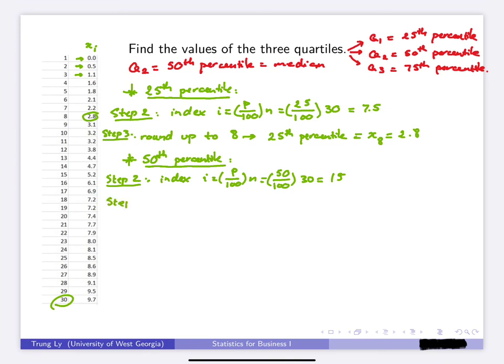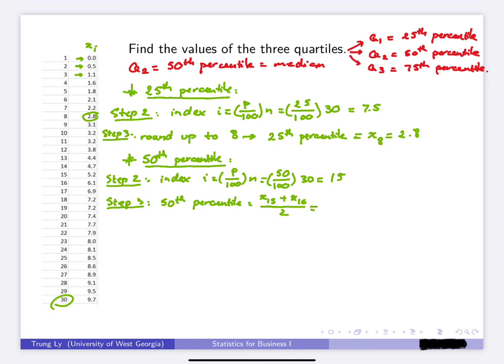So then in the third step, because I is an integer, the 50th percentile is going to be equal to the average of the 15th and the 16th observation. So it's going to be x sub 15 plus x sub 16 divided by 2.